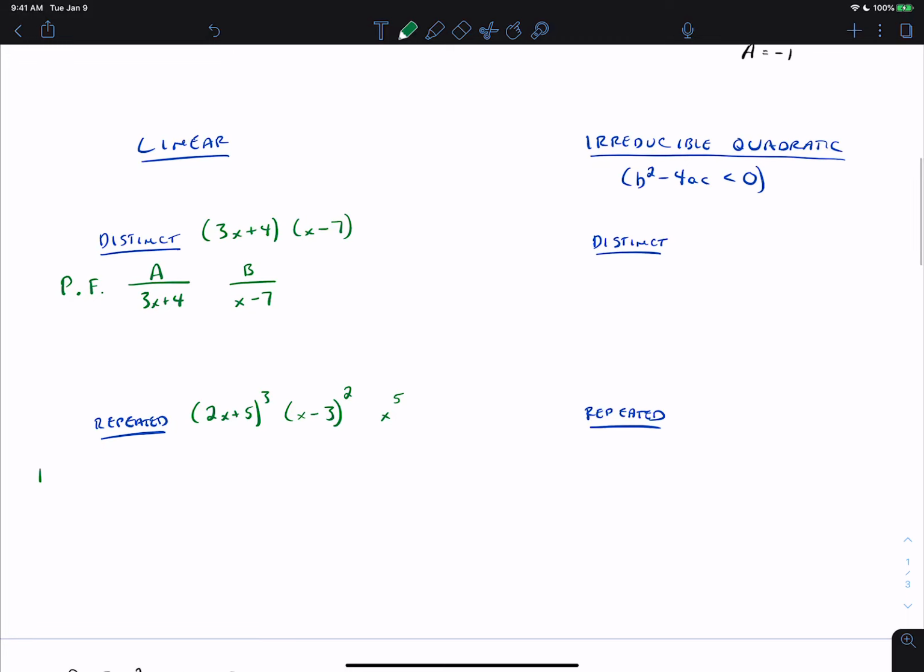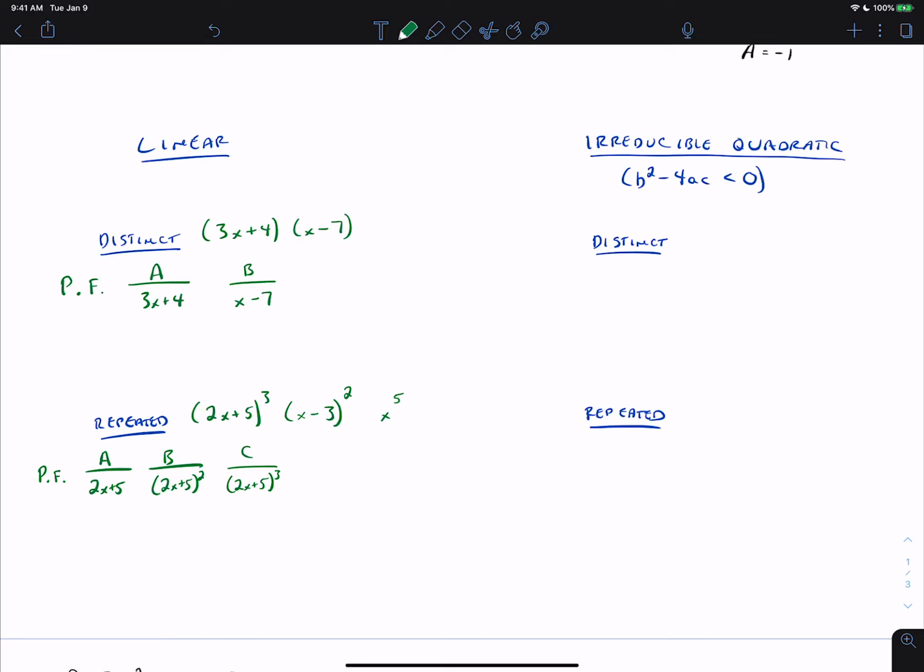The partial fractions decomposition for those things looks like this. So the power itself gets its own fraction, and every power underneath it gets its own fraction. So when I have 2x plus 5 to the third, I use A over 2x plus 5, B over 2x plus 5 squared, C over 2x plus 5 to the third.